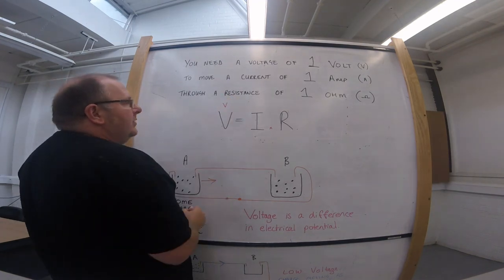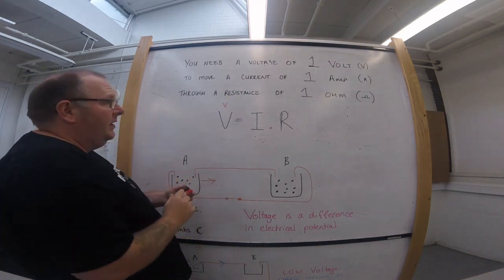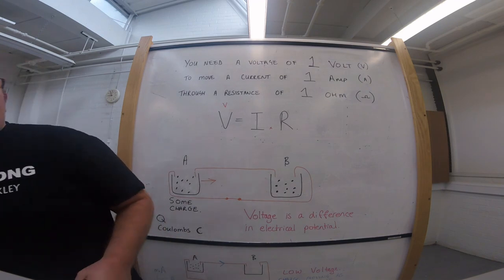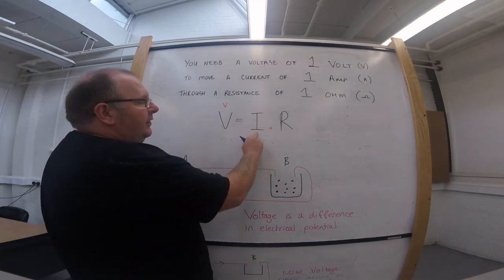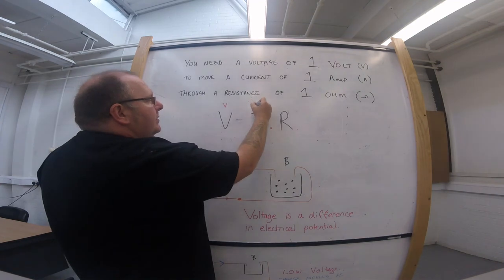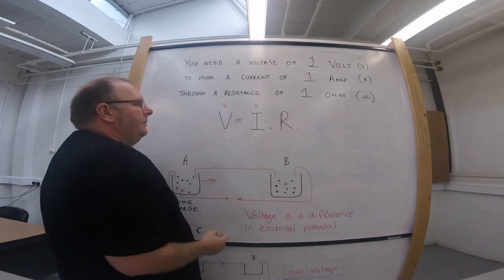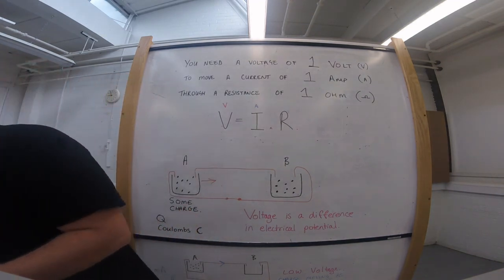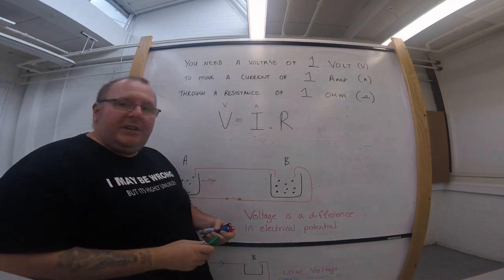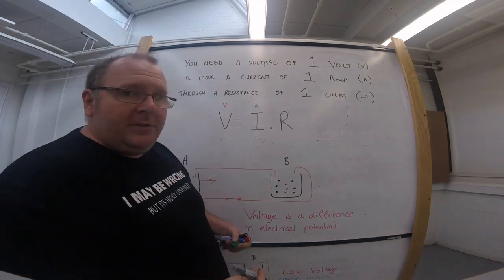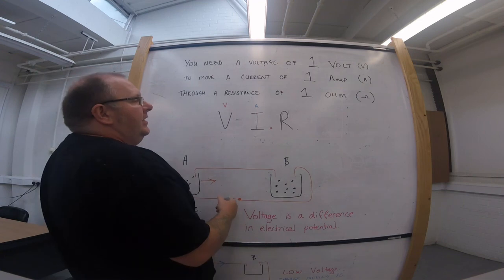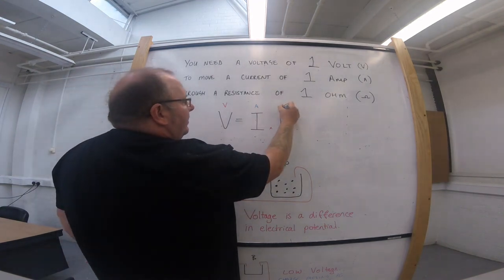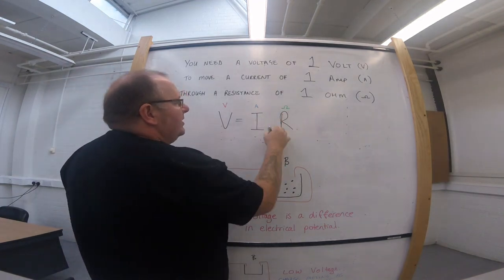Voltage is measured in volts. The intensity of the current is measured in amps. And the resistance in the circuit, or the conductor, is measured in ohms, which gets that symbol.